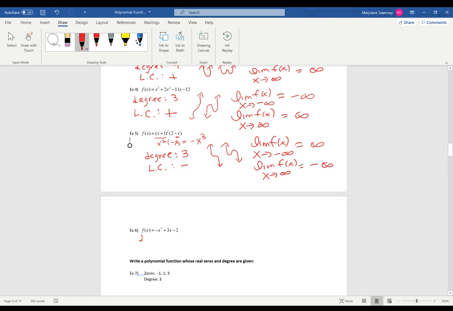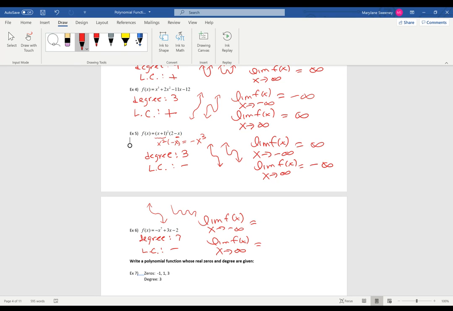Okay, this is a degree 7. Still, degree 7 is an odd degree. Leading coefficient is negative. So limit of f of x as x approaches negative infinity. Limit of f of x as x approaches positive infinity. All right, so if it's odd degree, negative leading coefficient, again, it starts up, ends down.